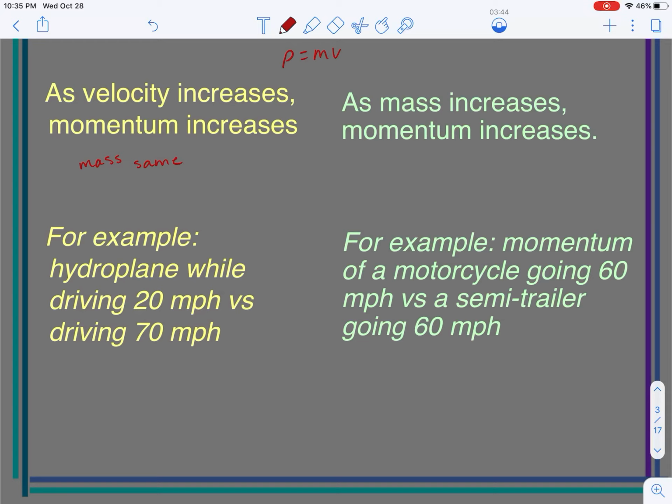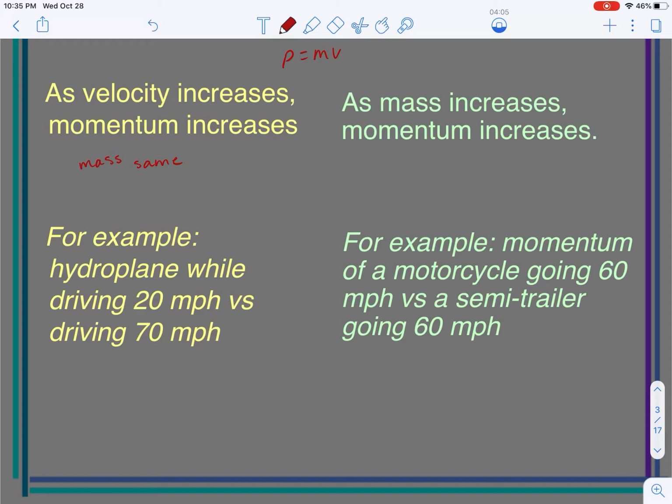But if I'm going 70 miles an hour, now I have so much more momentum. My car is going to continue moving and it's going to resist changing its motion.